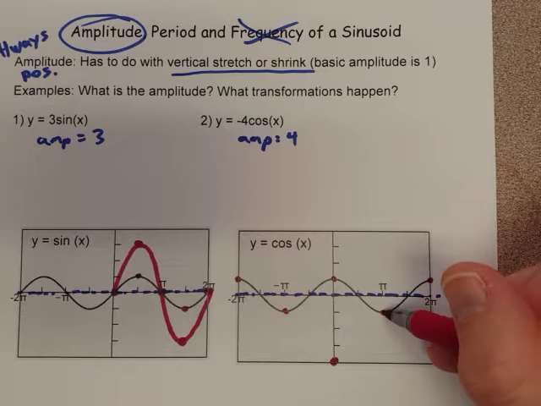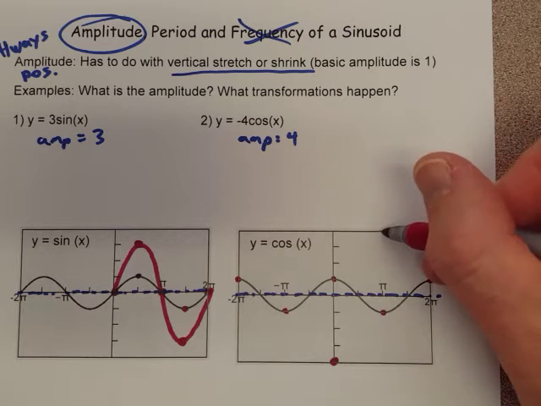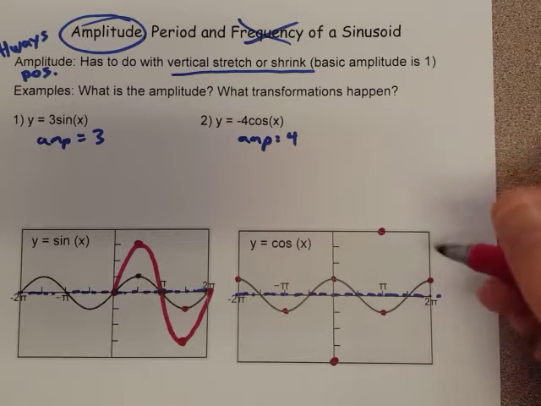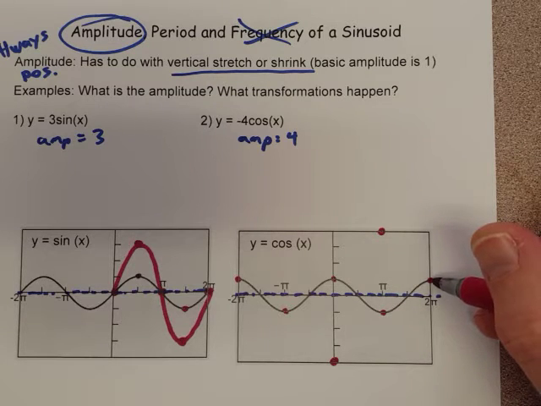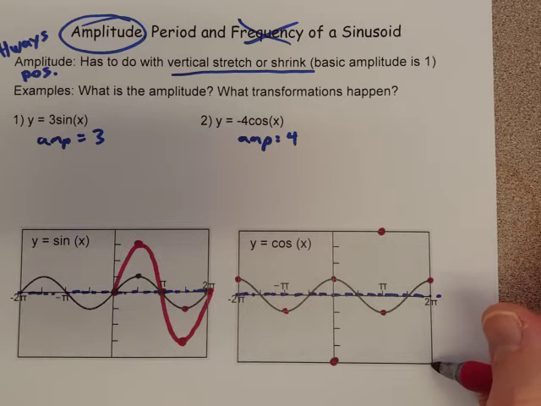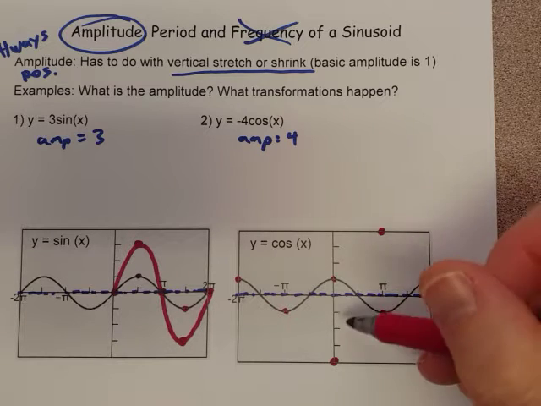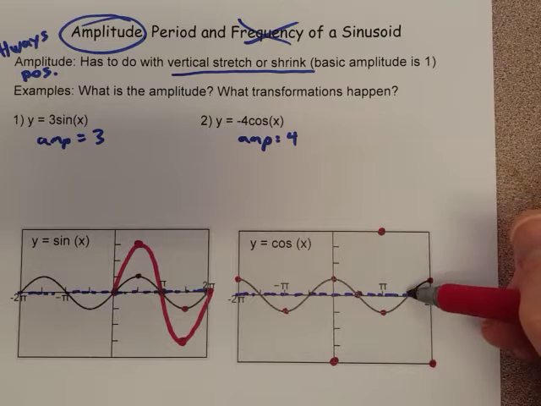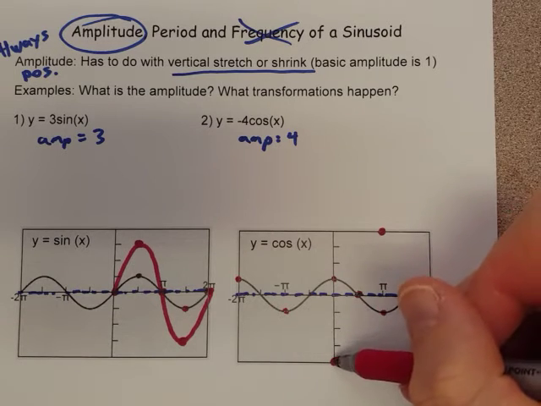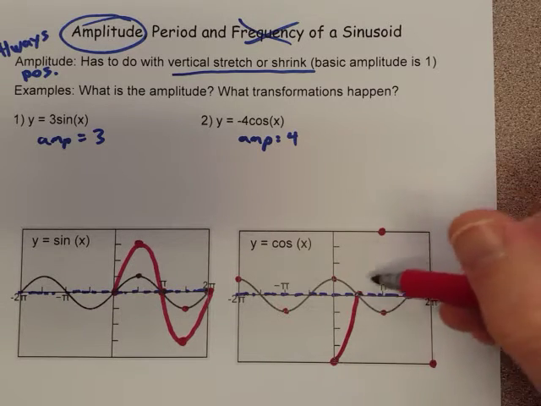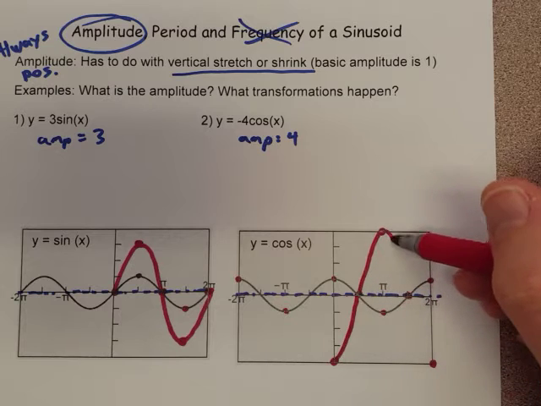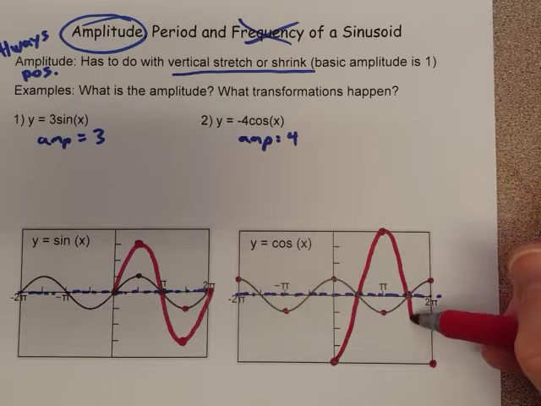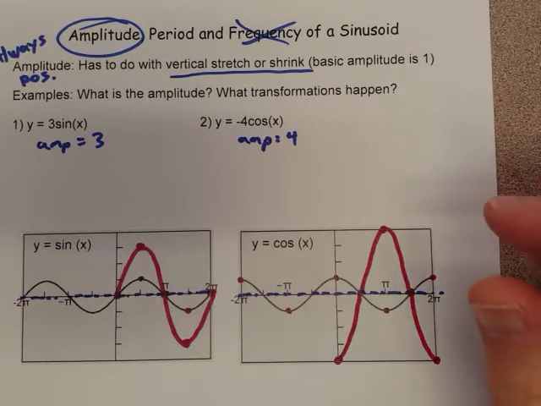If I have a y value of -1 right here, and I multiply it by -4, that flips it to +4. And then again, +1 multiplied by -4 gets you to -4. So when I draw this one in, it's going to be reflected and it's going to be stretched vertically.